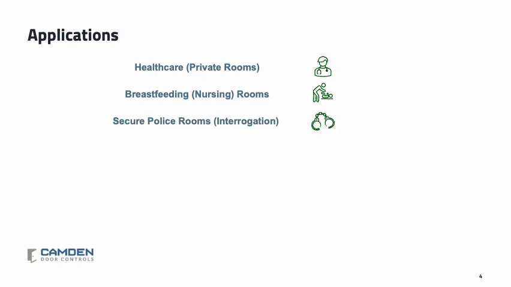We see them in secure police rooms for interrogation. And of course, we see them in single occupant restrooms. Note here that this does not include multi-occupant restrooms. Those applications typically have an open door into the room with locking stalls and typically don't have restroom control systems installed.